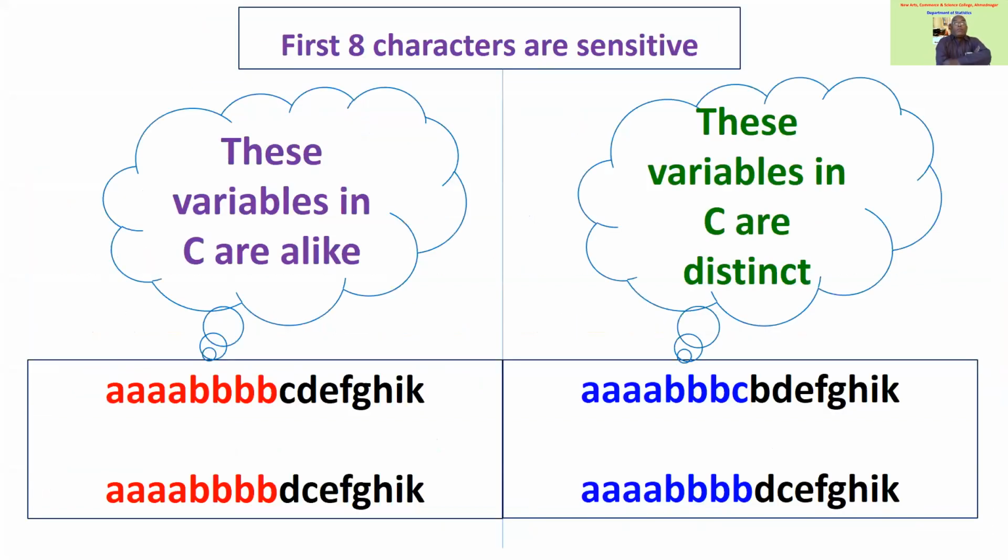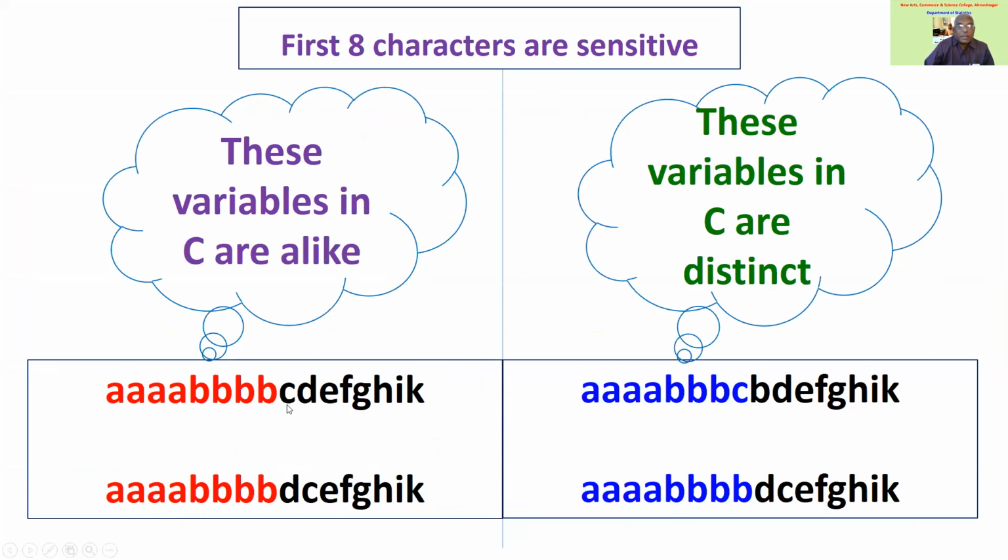Now, what do you mean by first 8 characters are significant? See here. In this case, you will see 4 times A, 4 times B, 4 times A, 4 times B. So these are the 8 characters.